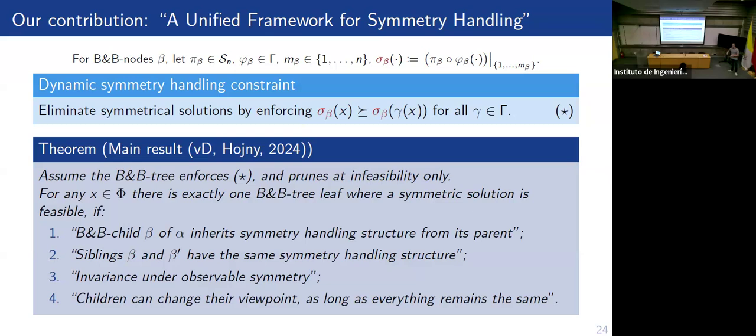In the next four slides, I will quickly go over these four conditions. If our sigma beta is chosen in a very specific way, then these are symmetry handling constraints that we can apply at every branch and bound node.